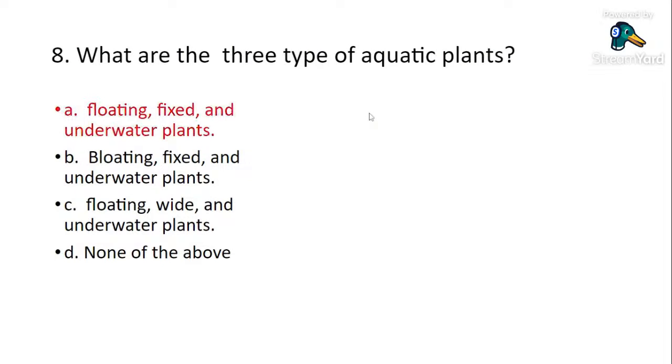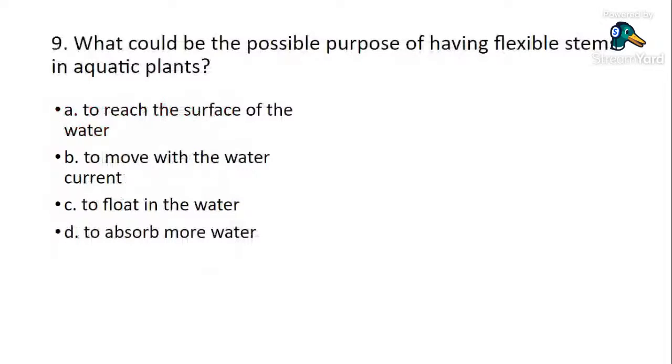The three types of aquatic plants are floating, fixed, and underwater plants. Okay, what could be the possible purpose of having flexible stems in aquatic plants? To move with the water current. So they have to move with the water current para makasurvive sila.